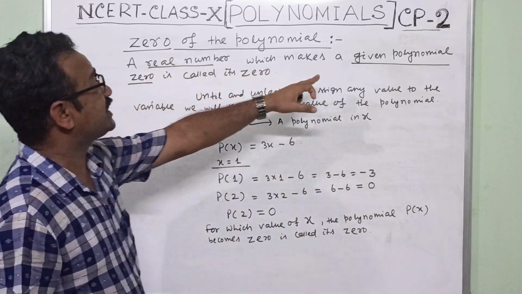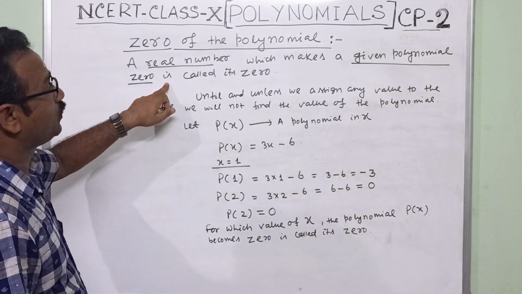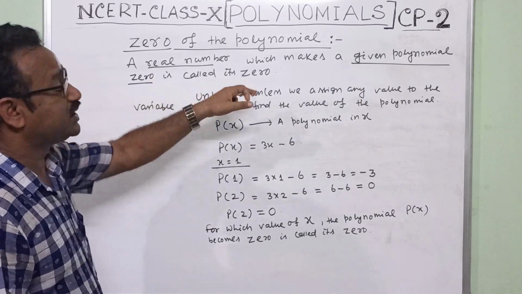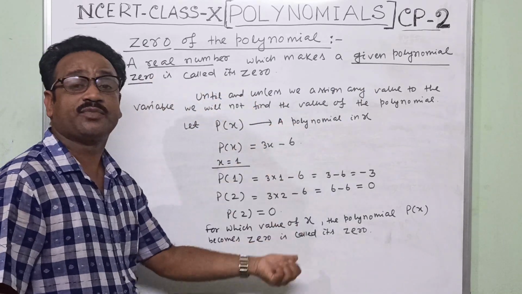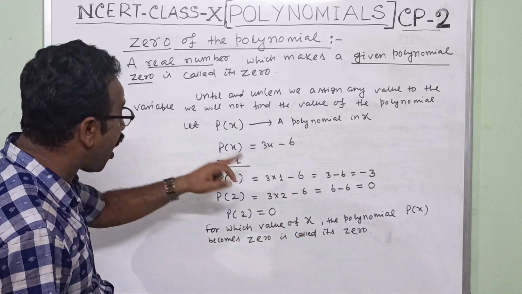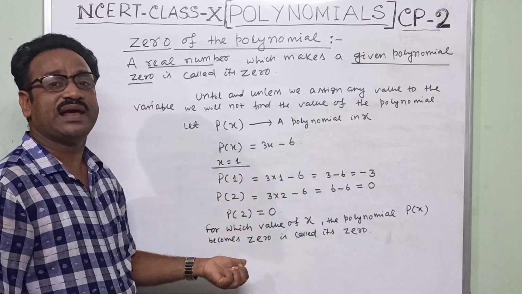A real number which makes a given polynomial 0 is called its zero. You can understand from this example how we are getting the zero.